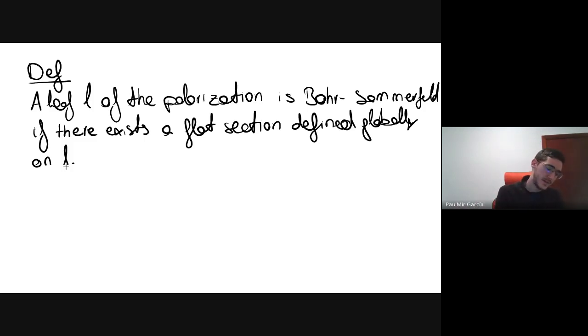So we have Bohr-Sommerfeld leaves, which are the leaves in which there exists a flat section defined globally, and quantization is given essentially by C to the number of Bohr-Sommerfeld leaves. But there's another step in the shortcut, because Bohr-Sommerfeld leaves may be easier to find than computing the cohomology groups, but there is still an easier way to compute quantization, given by a result.